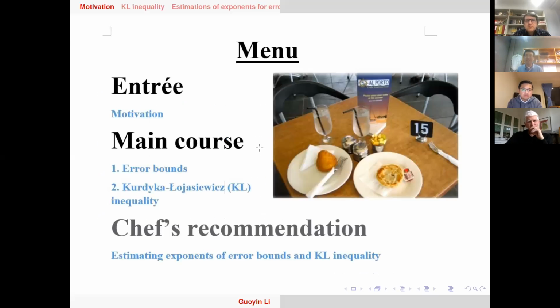So actually, this is my true menu for you guys. Depending on where you are, I'm trying to invite you either for lunch or maybe for dinner. So the entree, as I said, is to motivate the talk and give an explanation. And the main course is the two things, error bounds and Kurdyka-Lojasiewicz inequality. And my recommendation is to try to estimate the exponents. Let's see how it goes in this case.